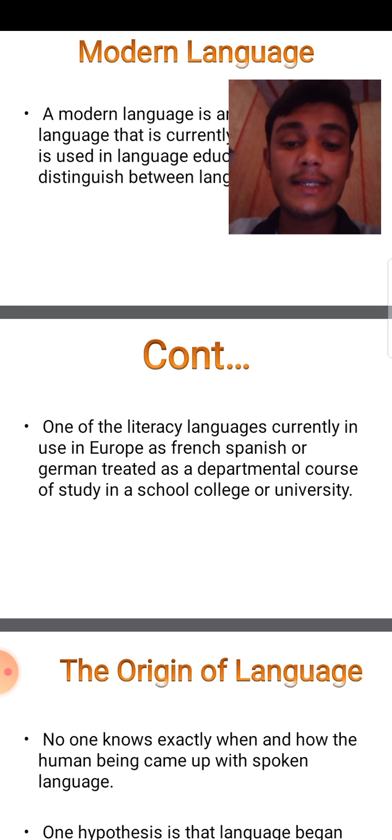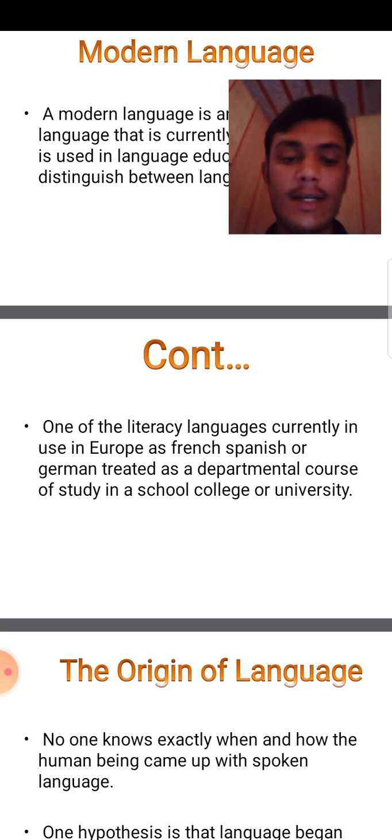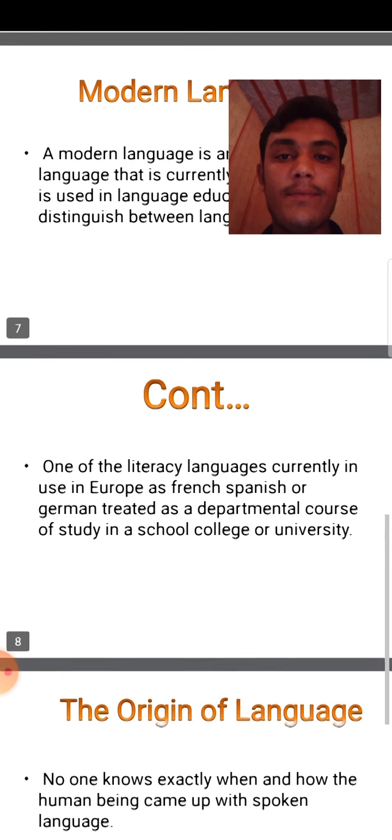Every country has its own language. If you go to China, Chinese is its own language. If you go to Germany, Germany has its own language. If you go to the USA, it has its own language, English. This is the modern language.